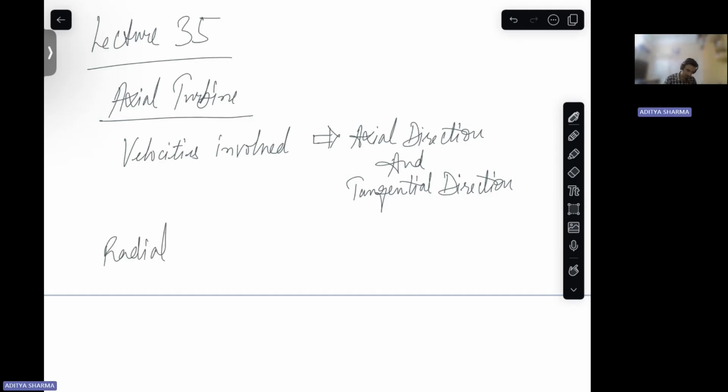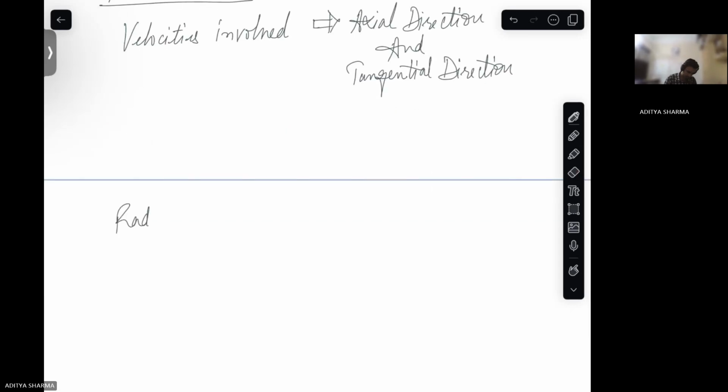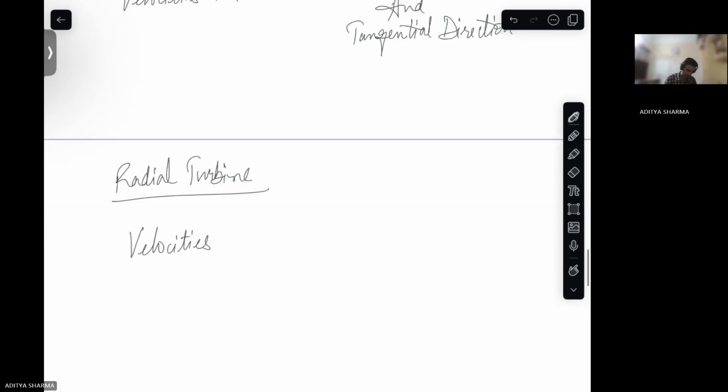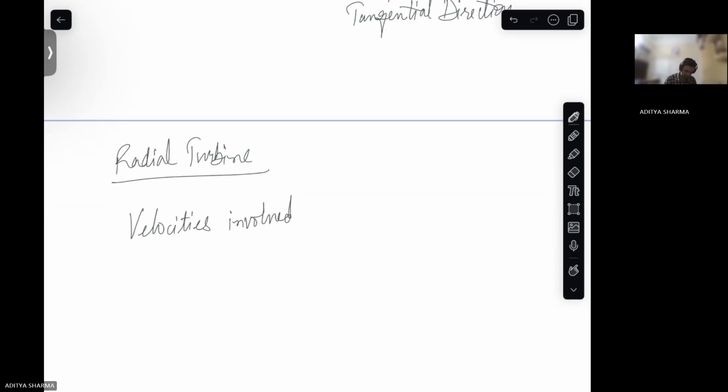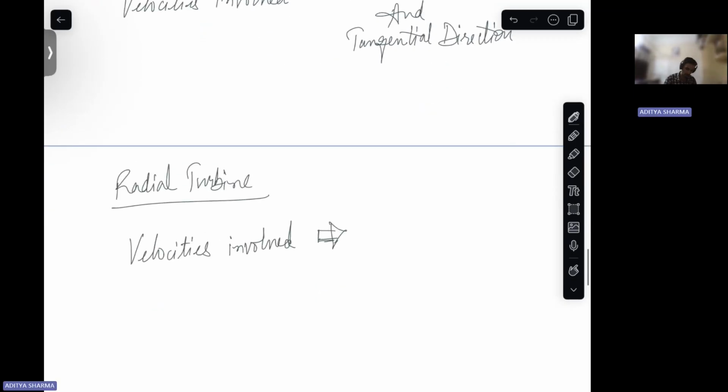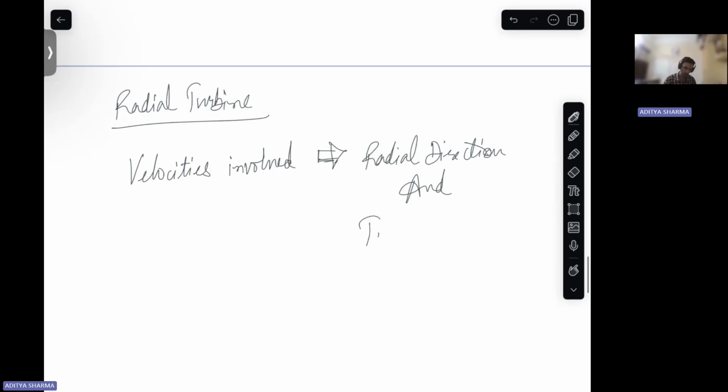And then in your radial turbines, the velocities involved are in two directions: the radial direction, and the second one is the tangential direction.